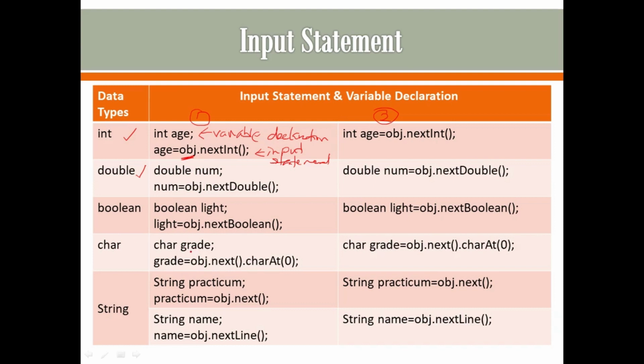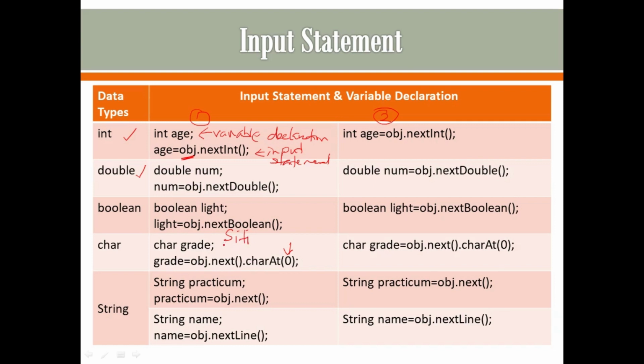So char, for example grade. You know, we have A, B, C, D, so only one character is used. So char grade, grade equal to obj dot next bracket dot charAt zero. Why do we put zero? In programming, let's say I put SITI.